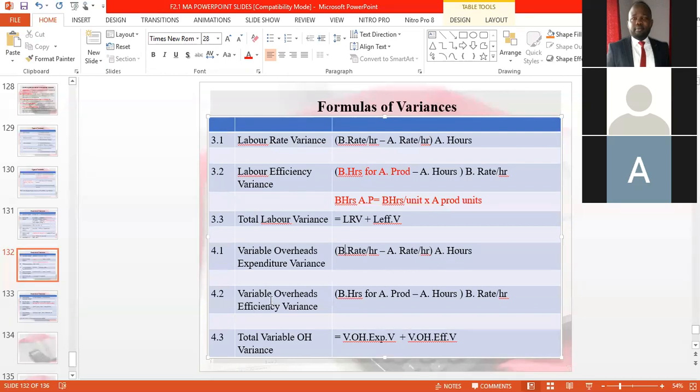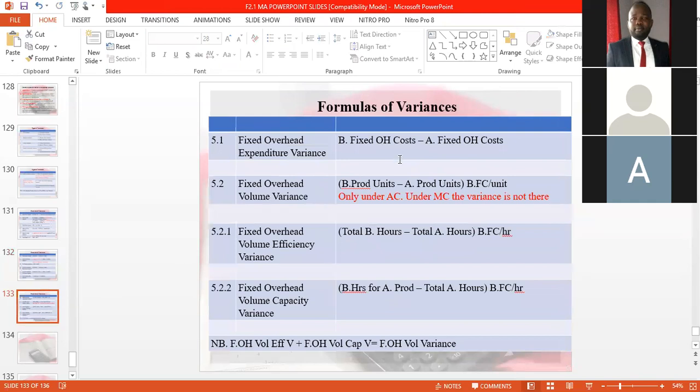Next, we have variable overhead efficiency variance. Again, the formula is the same as labor efficiency, so let me skip that. Finally, the last category of variances is fixed overhead variances.